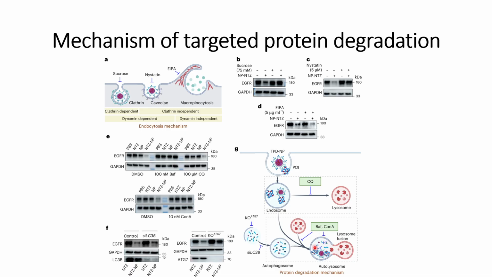ConA prevents the acidification, and BAF prevents the endosomes from translocating to the autolysosomes. They also validated the autolysosomes by knocking down the ATG7 gene or silencing LC3B genes, as they also contribute to the autolysosomes through autophagosomes.